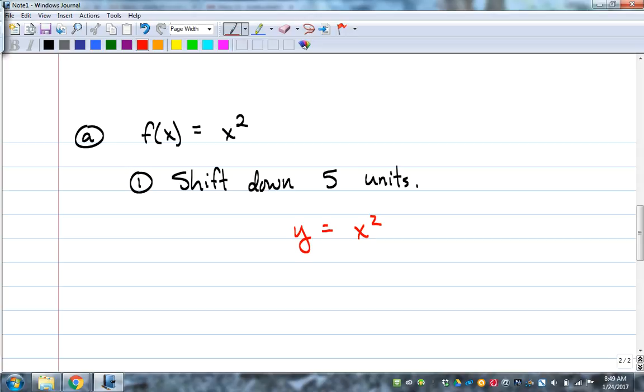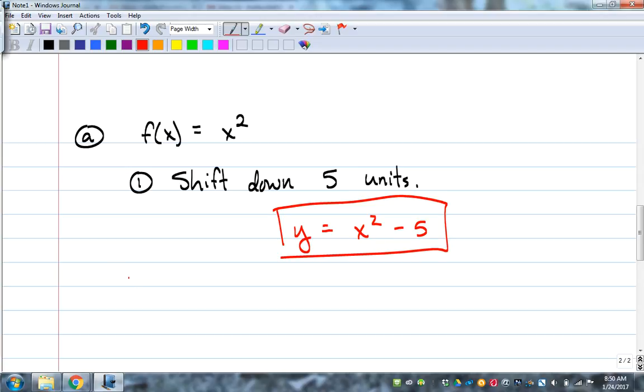X squared is the y values, and I'm going to go down 5 units, so it'd be a minus 5. So that would be the equation to shift this original function down 5 units, x squared minus 5. It takes that parabola shape and moves it down 5 units, 1, 2, 3, 4, 5. Just scoots it down. That's all that transformation does.